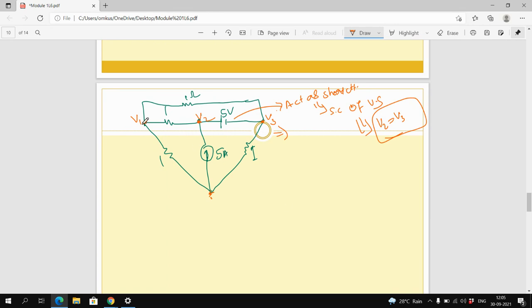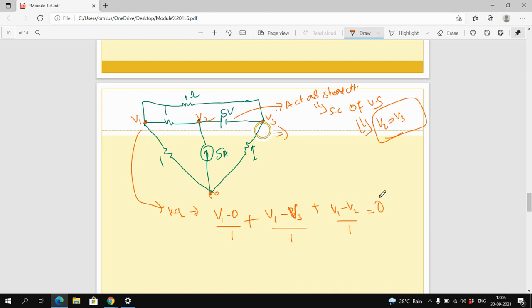by using nodal analysis. Apply KCL here. KCL is V1 minus, this is the reference, so this is zero potential, 0 divided by 1 ohm resistance is present between them, plus V1 minus V3 divided by 1, plus V1 minus V2 divided by 1 equal to 0.